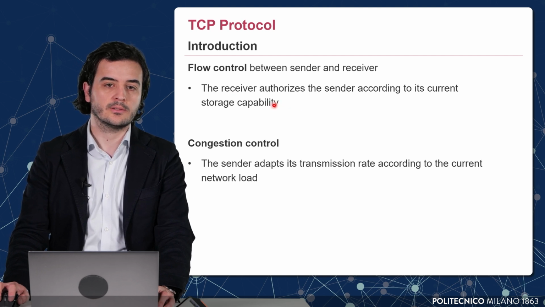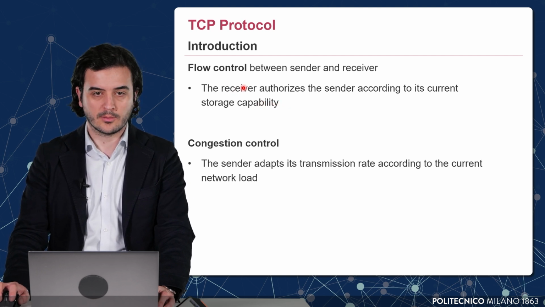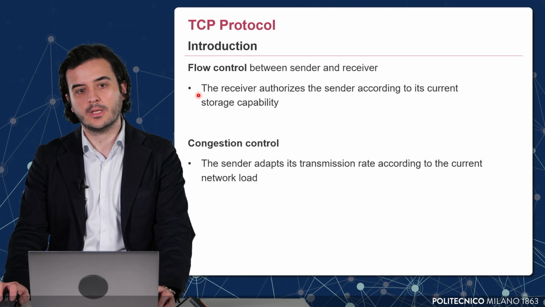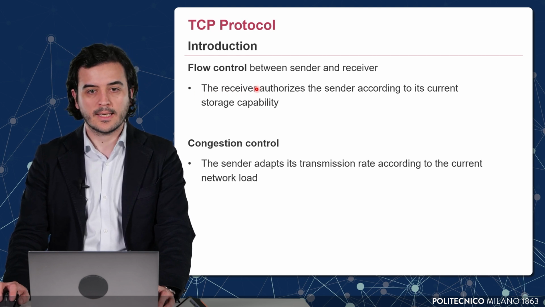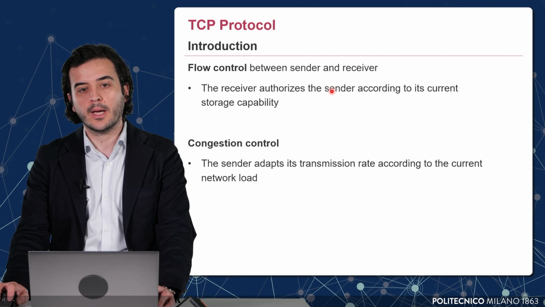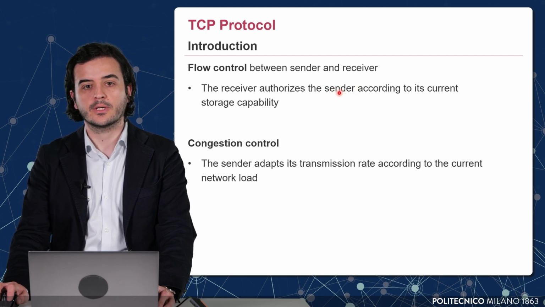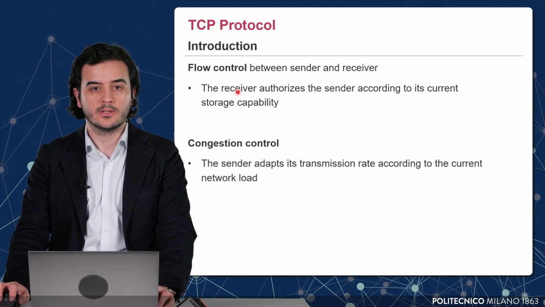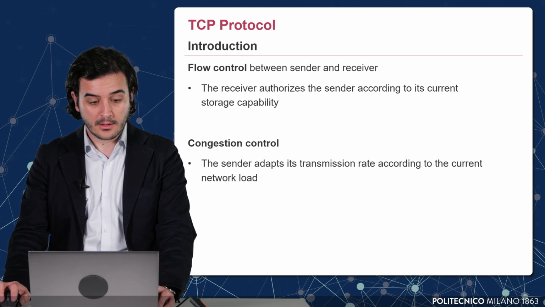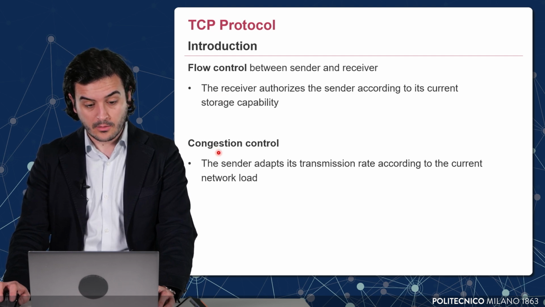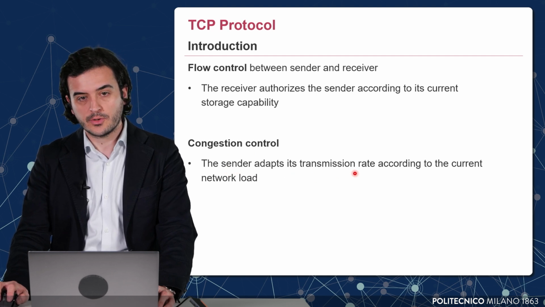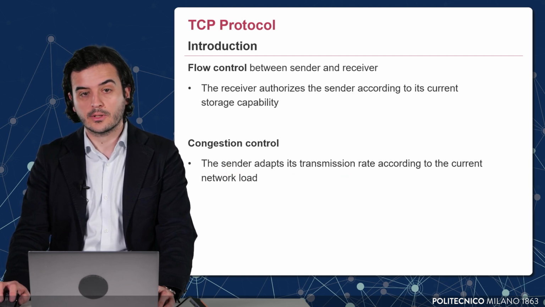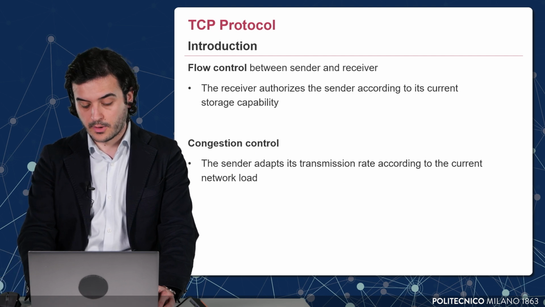This means that since the receiver has a buffer with a certain capacity, then based on the state of the buffer, the receiver will tell the sender the amount of information that the sender can transmit to the receiver. Similarly, when we talk about congestion control, the sender will adapt the transmission rate according to the current state of the network.